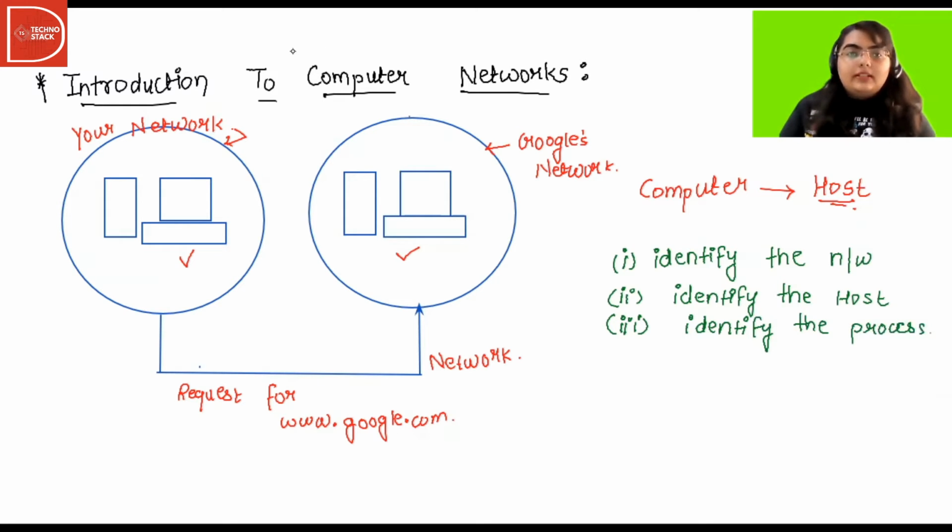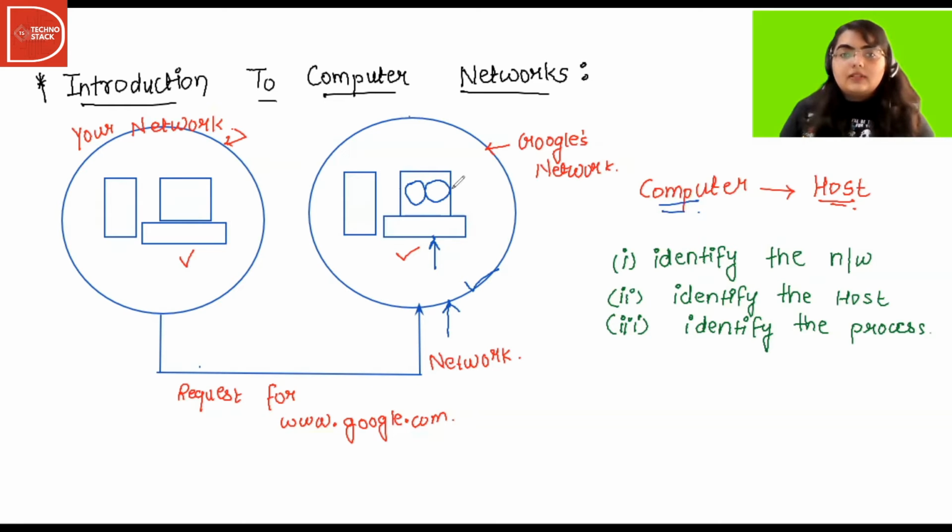Now you might be wondering what this process, host, everything is, and how it connects. So let's look into that. Let's suppose this is a network. This is my host. What do I mean by host? This is a computer.